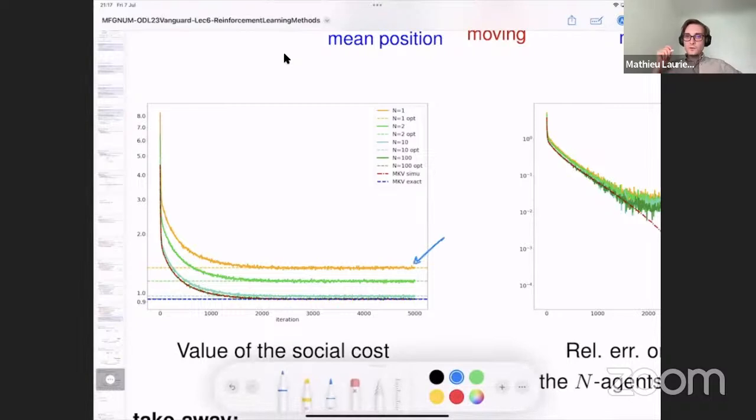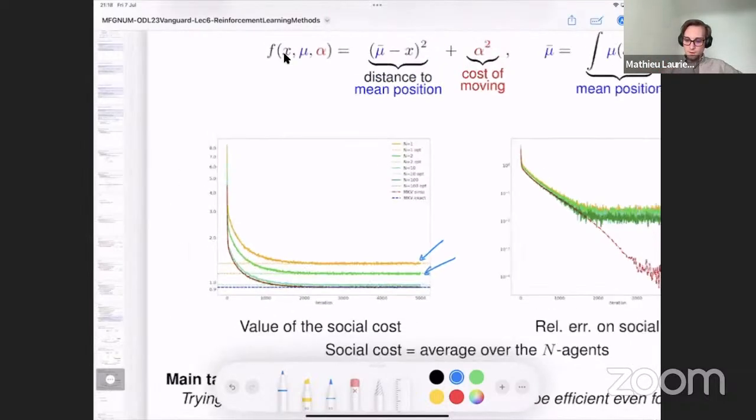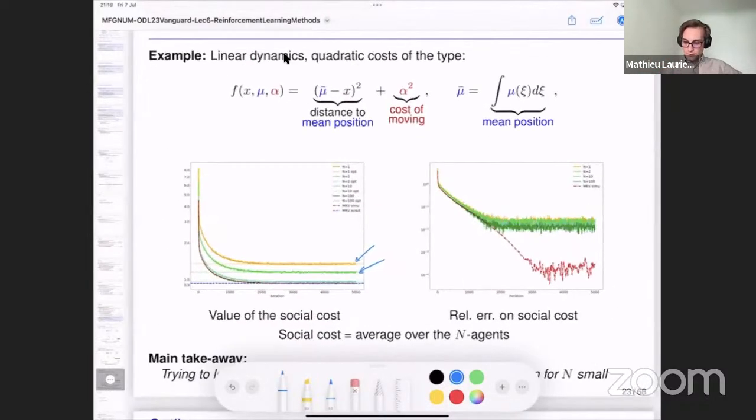And same thing, if you take the control learned by 2 agents, it's not perfect in terms of the mean field problem, but it's actually very good for the 2 agent problem, etc. So taking your agents, asking them to learn the mean field solution is actually a good idea, even if later on you plug the solution in the finite agent problem. Sometimes you get a very good candidate control in this way.